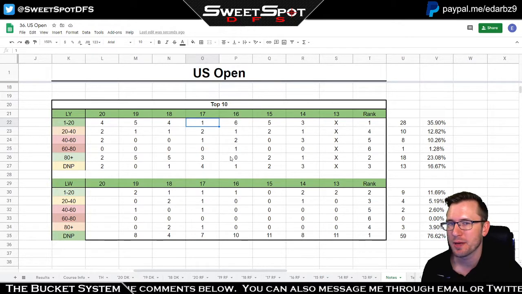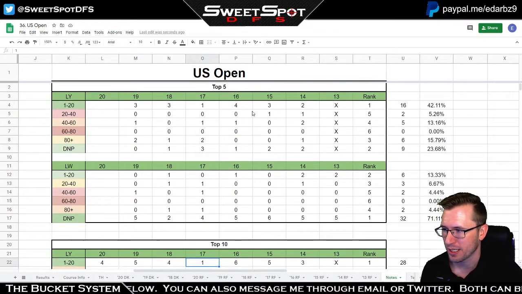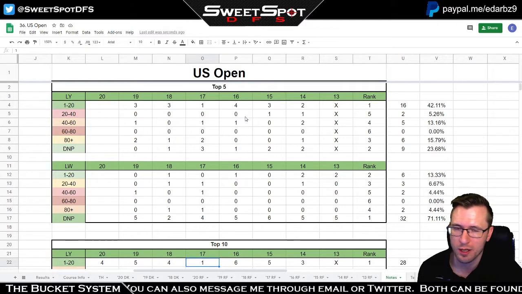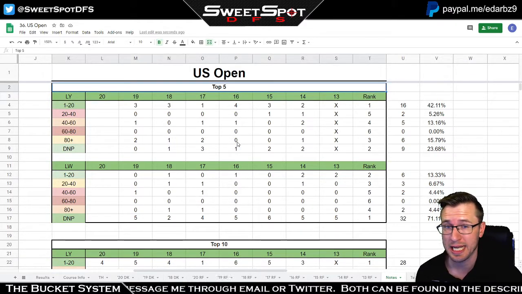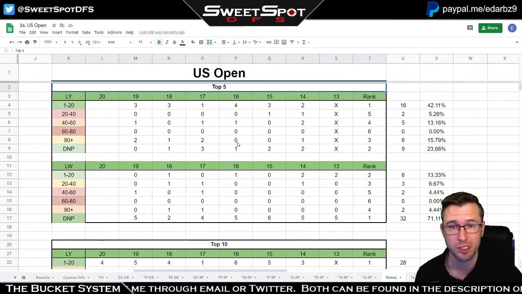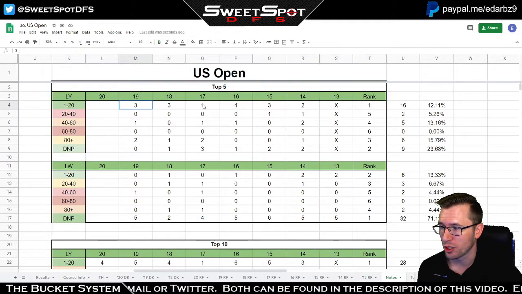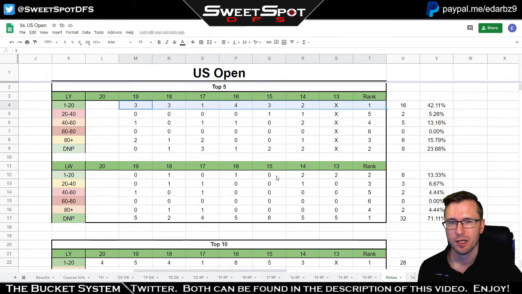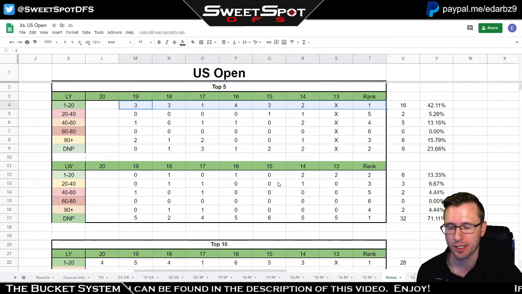The other thing I'm going to do is come up to the top 5 bucket. I didn't talk about this because I didn't want to confuse you guys or overcomplicate things, but this is looking at top 5 finishes as opposed to top 10 finishes. With that, when I look at top 5 finishes, this also helps me determine which high price guys I want to play.